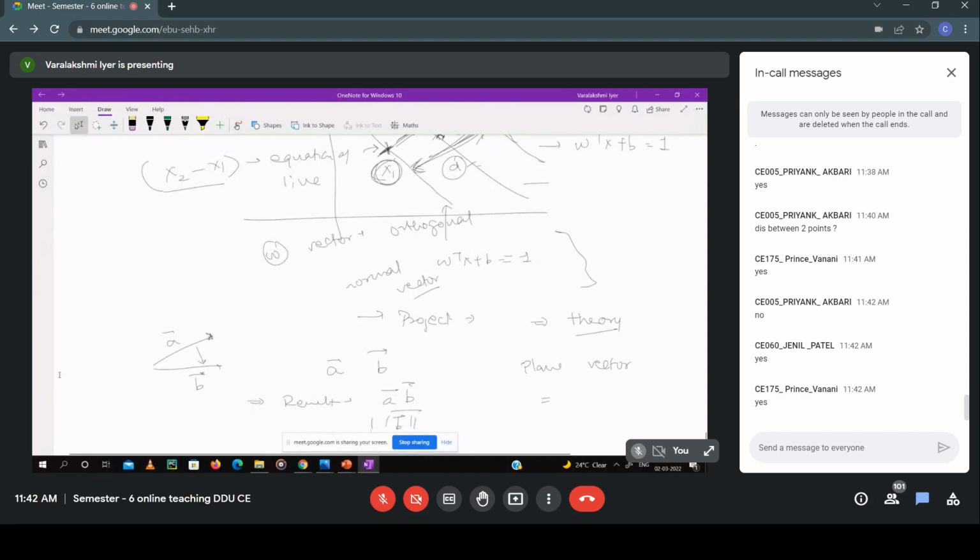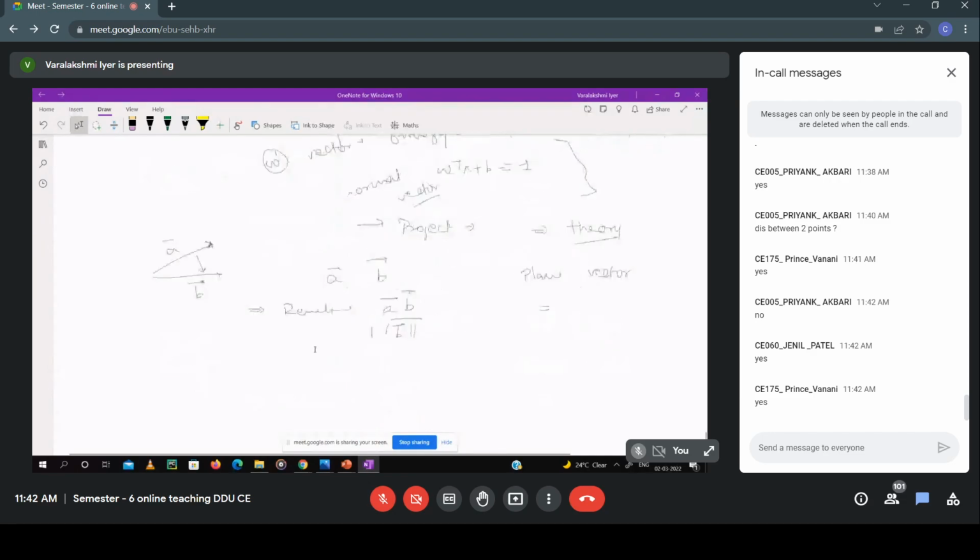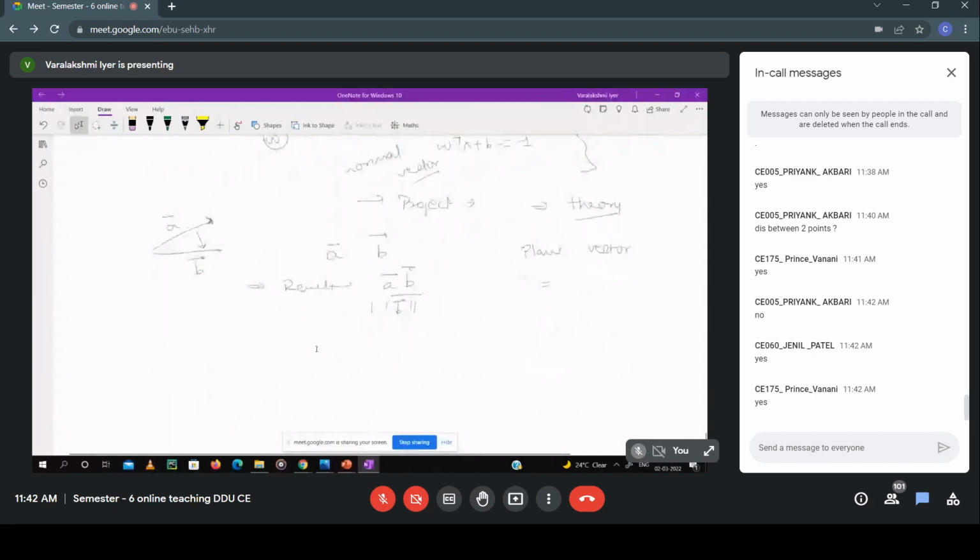Yes, Priyank, I think this comes in vector algebra, but this is one concept that I'll be defining. For those of you who are not aware of this concept, whenever you are trying to project a vector A on vector B, it will result in the dot product of these vectors, that is the vector dot product of this form.